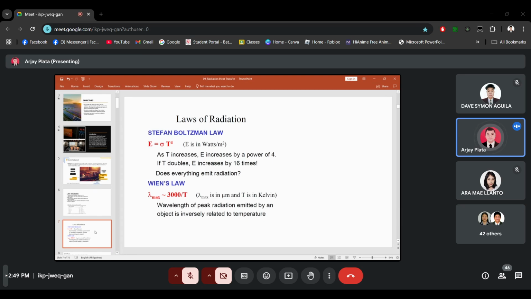So it's heat per unit area, watt per square meter. As T increases, E increases by the power of 4. So if T doubles, E increases by 16 times. That is why I am requiring you to convert the temperature into Kelvin or Rankine.